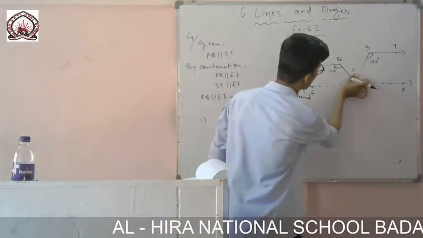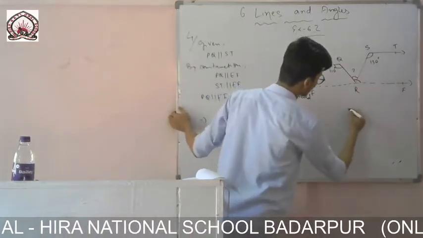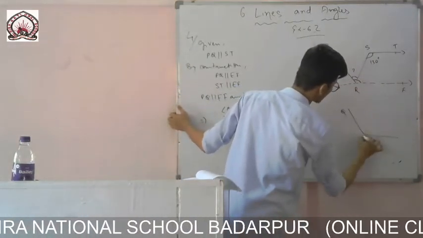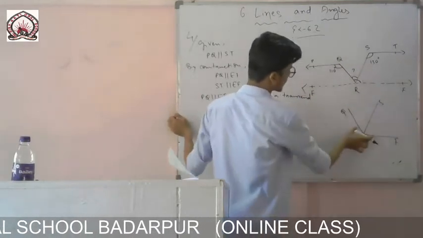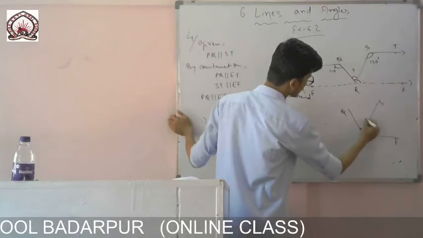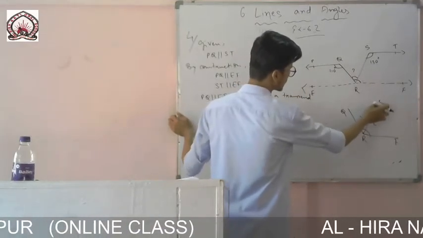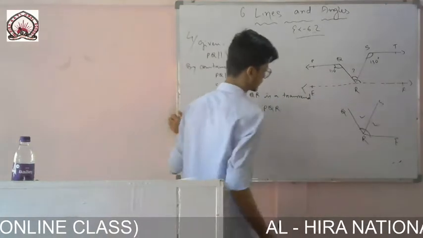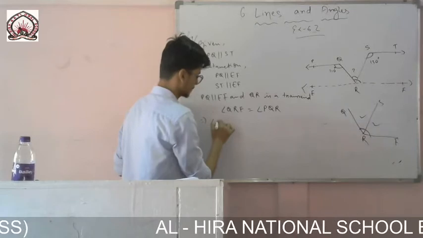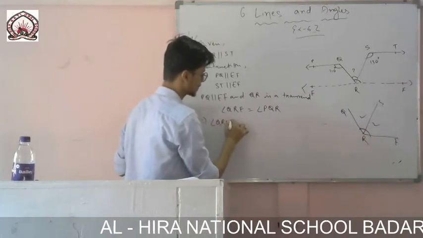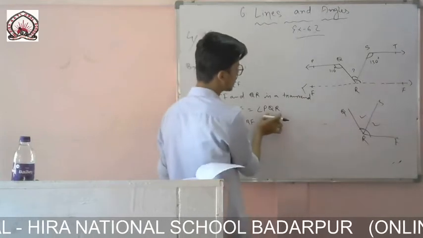If I draw it like this, this is Q, this is R, this is F, and one line is given, ST. So I can write this whole angle QRF as the sum of these two angles: QRS and SRF. So in place of QRF I am writing angle QRS plus angle SRF equals to the value of PQR.